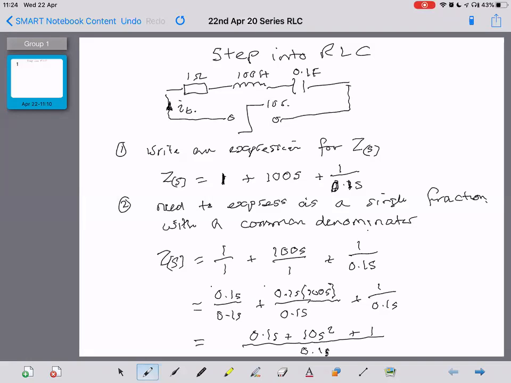Right. So that's our expression for Z(s). New page for me.